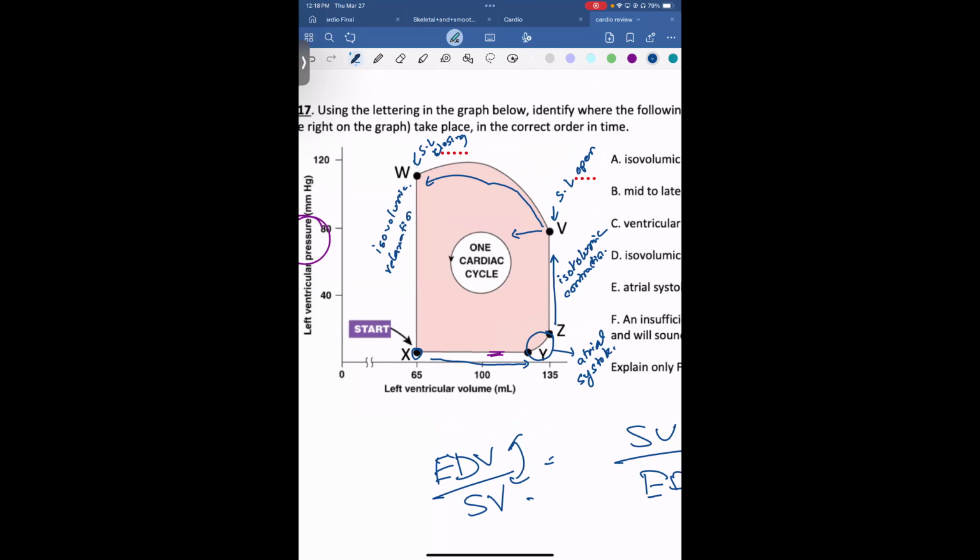Okay. And then we can start filling with blood again. Over here is where the AV valve opens. Is that okay? I didn't forget to mention this is where the AV valve would close, right? That's fine. Yeah? Okay.